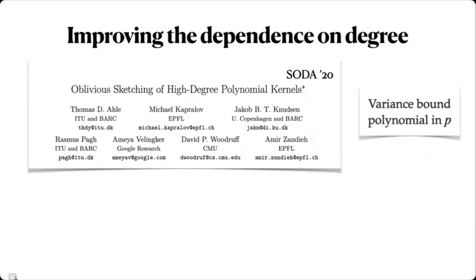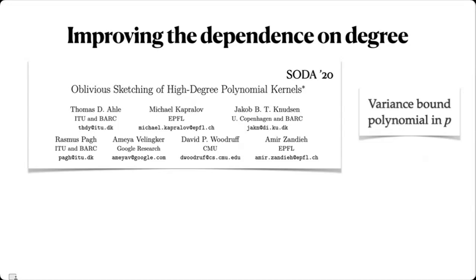The variance grows exponentially in the degree of the polynomial. So if you want to use this for polynomials of more than degree 2 or 3 or maybe 4, then the variance becomes pretty high.